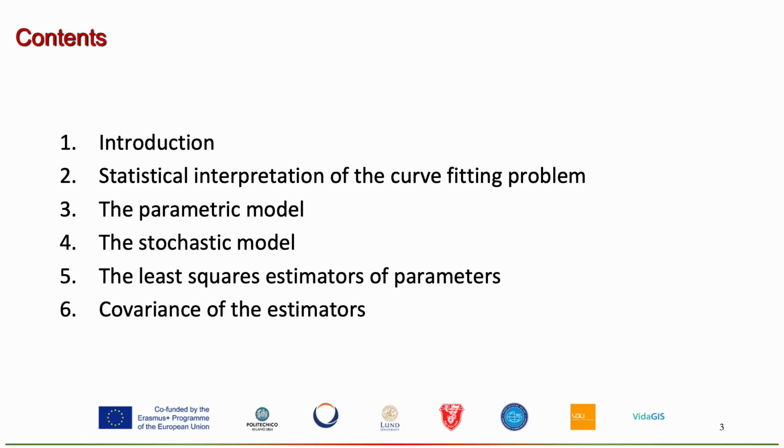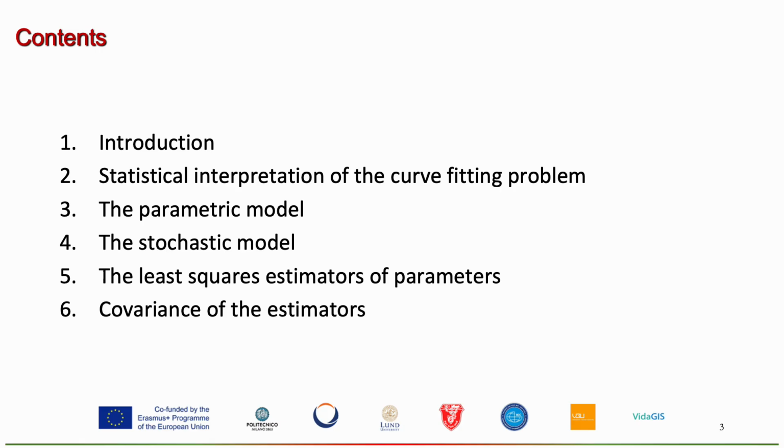Simply because least squares are a very classical example of statistical estimators for unknown parameters, because they contain common principles that are also in other estimation principles, and because they are well suited for specific problems in managing geospatial data. The outline of the presentation is as follows.